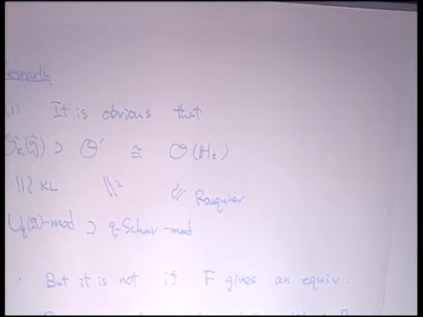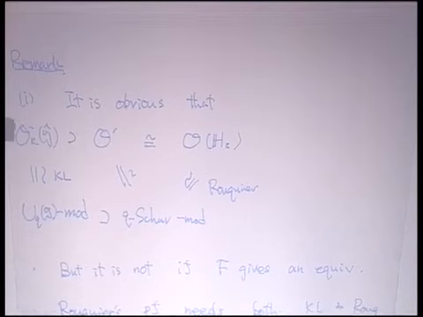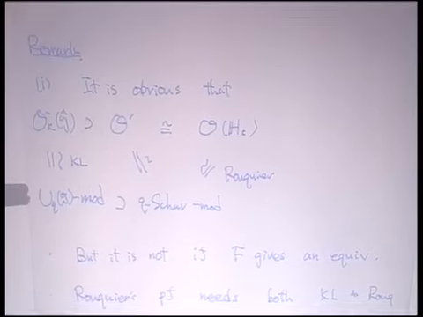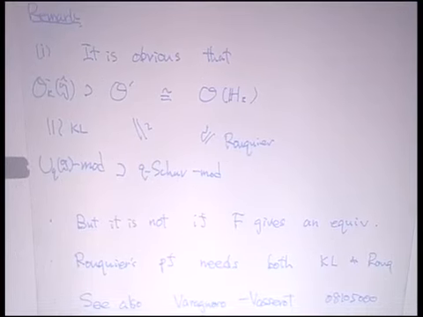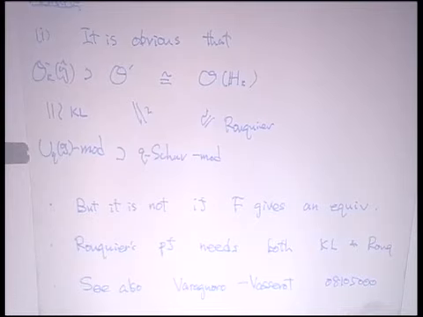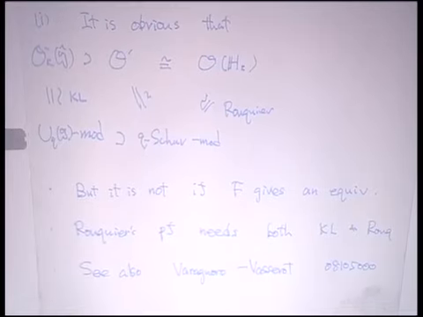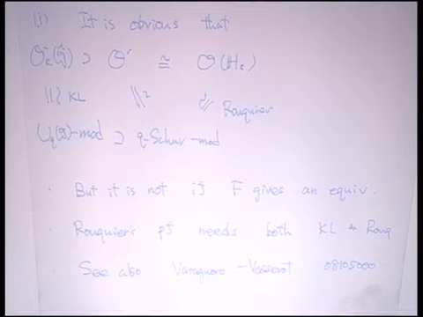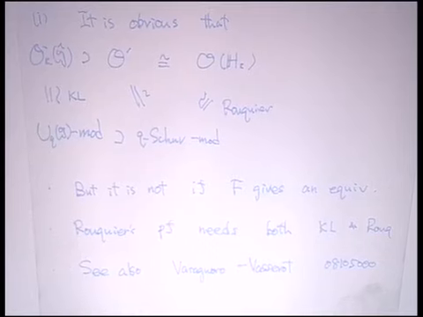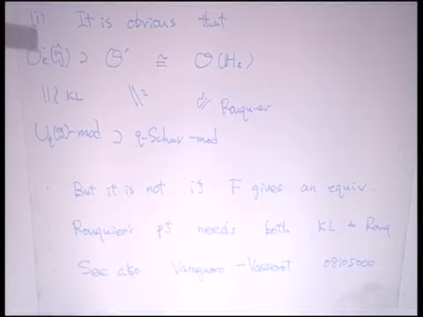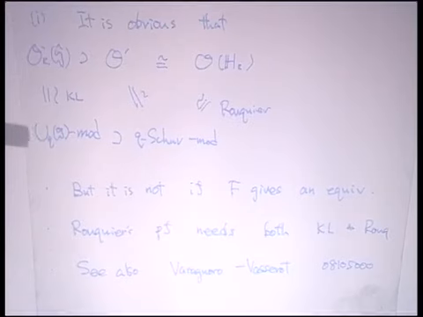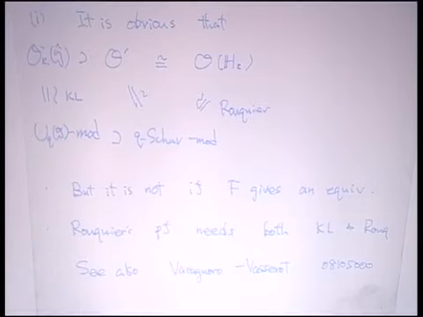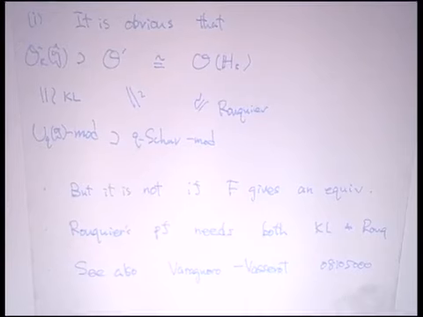And this category is, by Kazhdan-Lusztig, equivalent to the module category of the quantized enveloping algebra of G. So highest weight or lowest weight modules of G hat and finite dimensional modules of U_q(G), that is a result by Kazhdan and Lusztig.